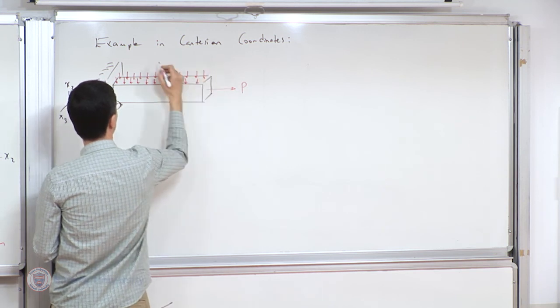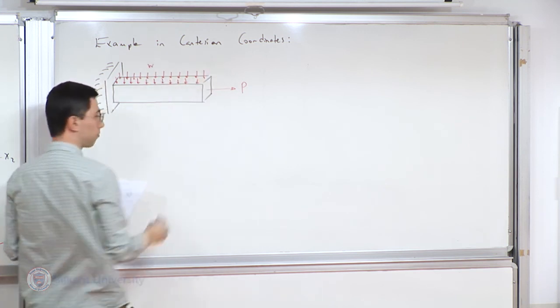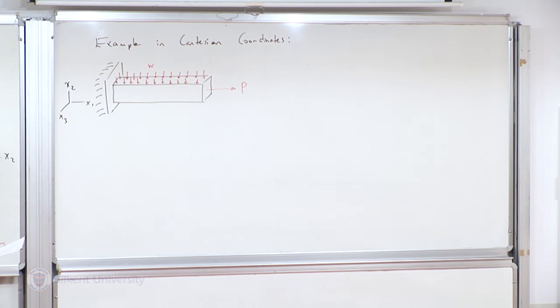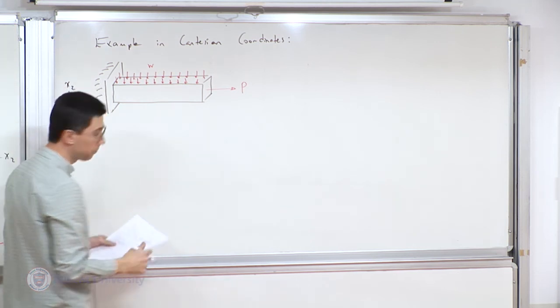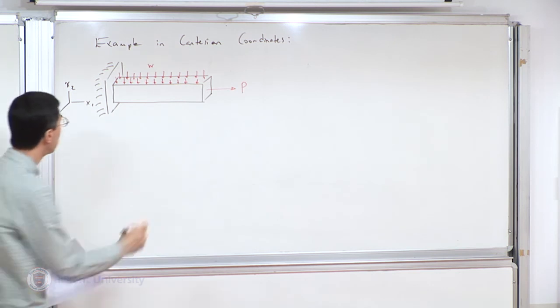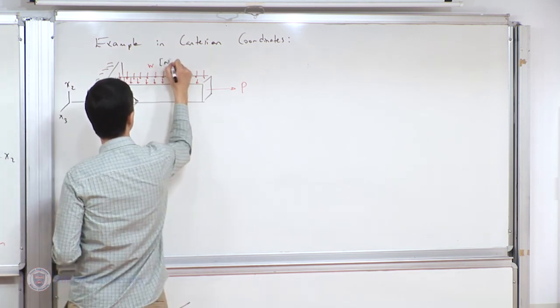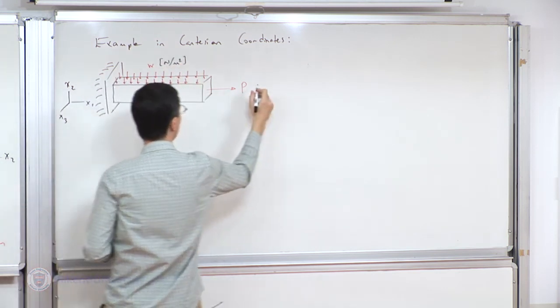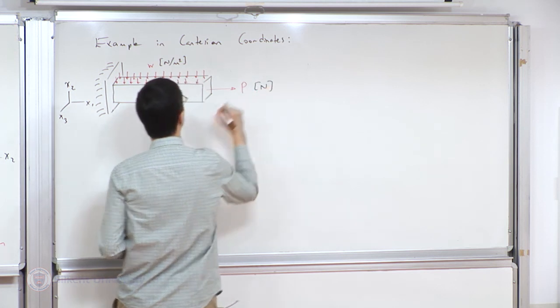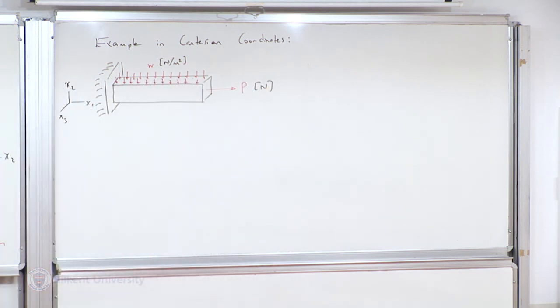Let's call that W. Just to make things clear, W has units newtons per meter squared, and P has units newtons.